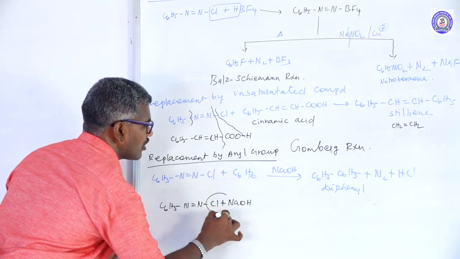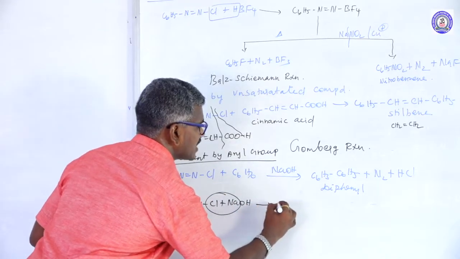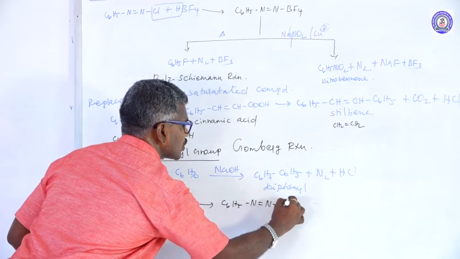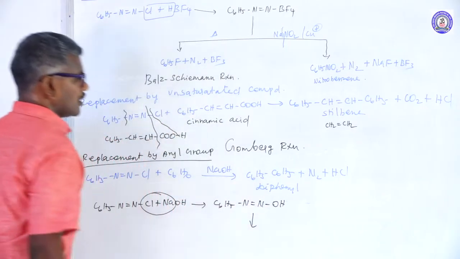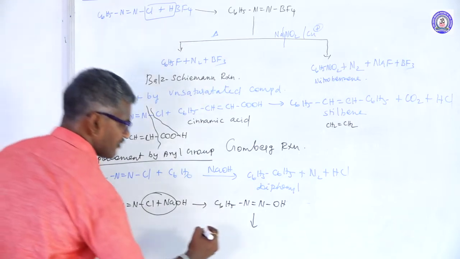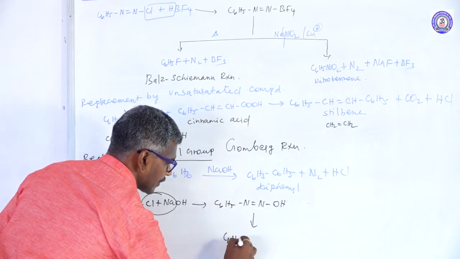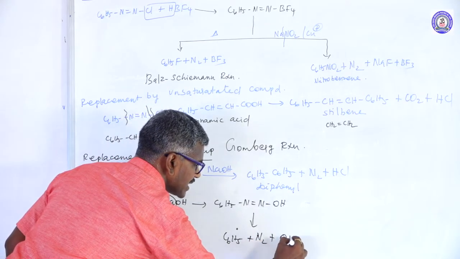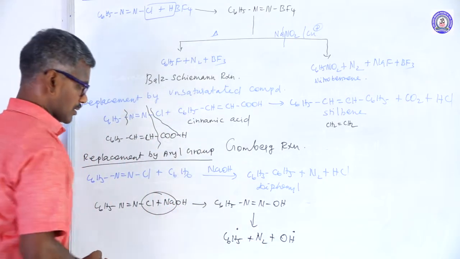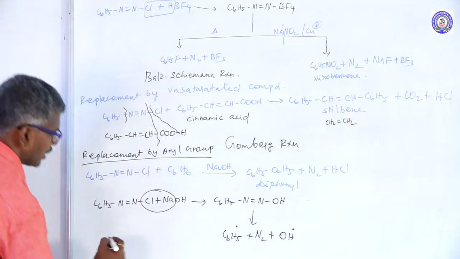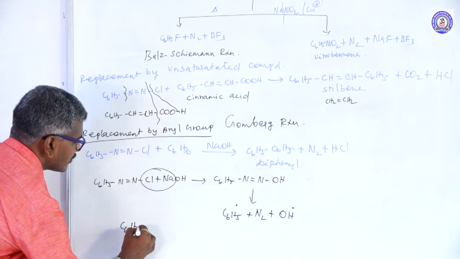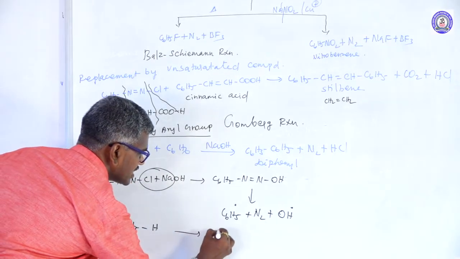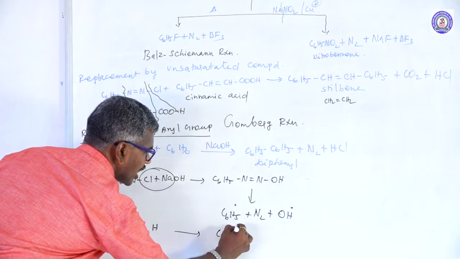Here, removal of NaCl forms C6H5N=NOH. This undergoes cleavage as a free radical, C6H5 dot plus N2 plus OH dot. From the benzene, this undergoes cleavage, C6H5 dot plus H.